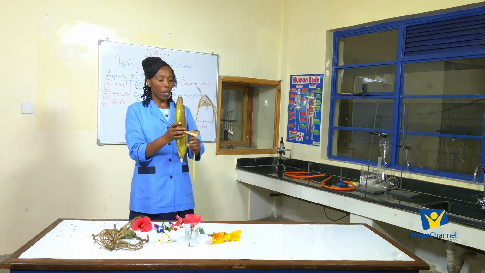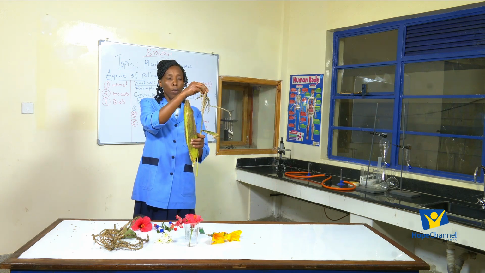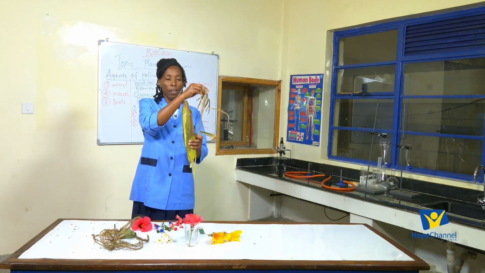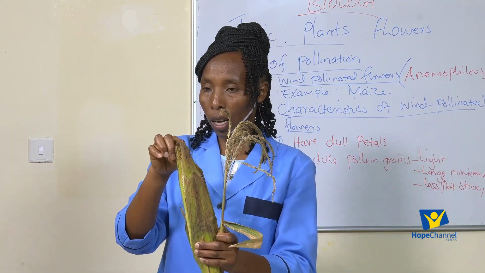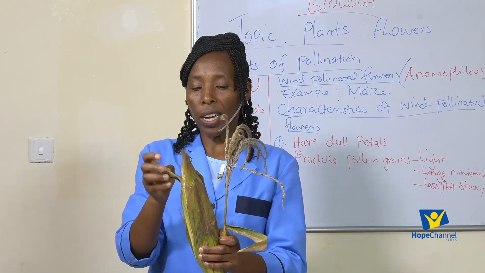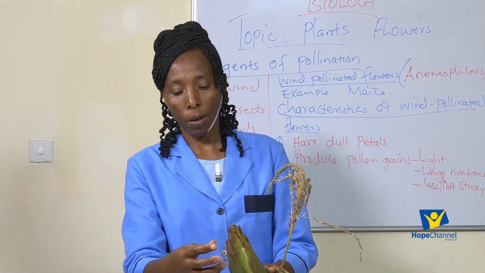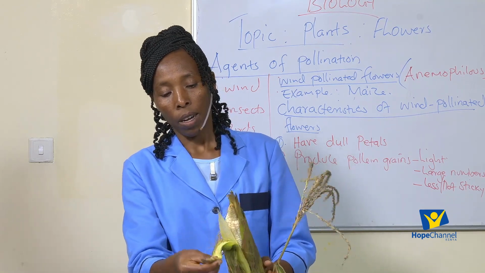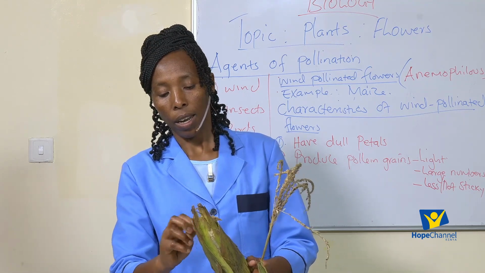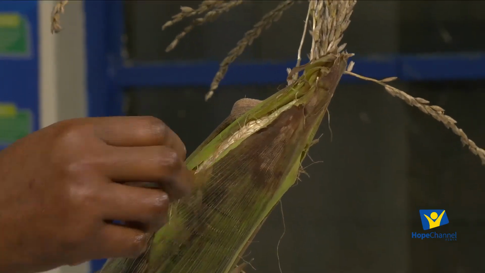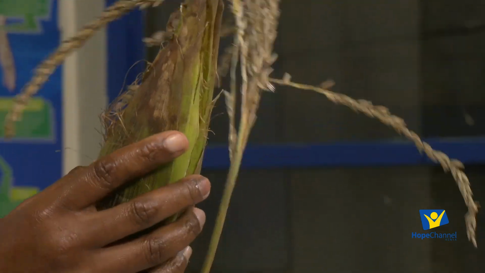So we expect when the pollen grains are produced at the anthers, we expect them to land on the stigma. Okay? So mostly you find that the stigma, this part of the flower that we call the stigma, is usually outside the flower.